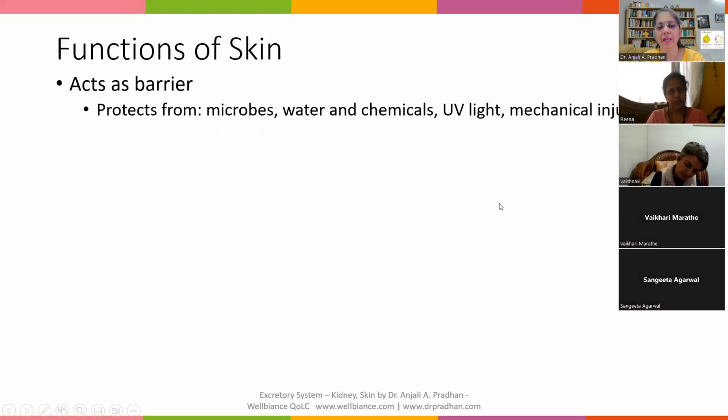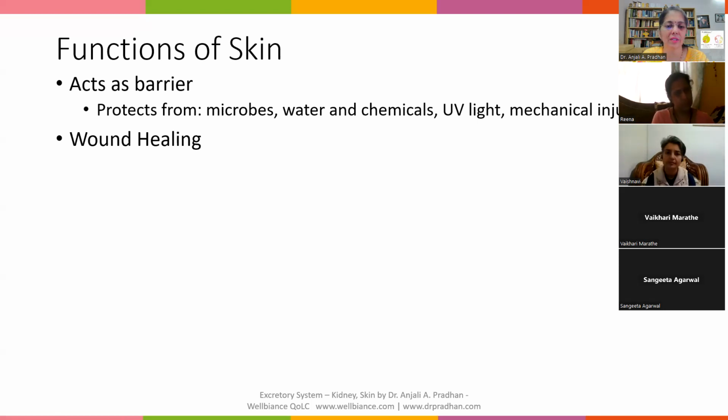Functions of the skin: it acts as a barrier, protection from microbes, water, chemicals, UV light, mechanical injury. मतलब जो भी इंजुरी है हम लोग स्किन तक ही होता है, आगे जाने के लिए प्रिवेंट हो जाते हैं. Wound healing, correct.